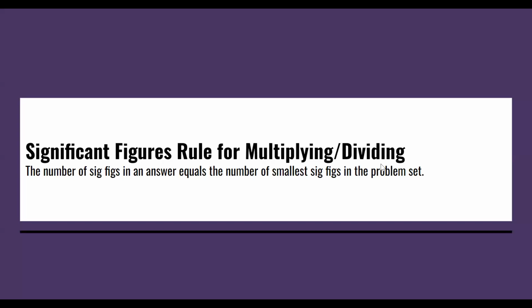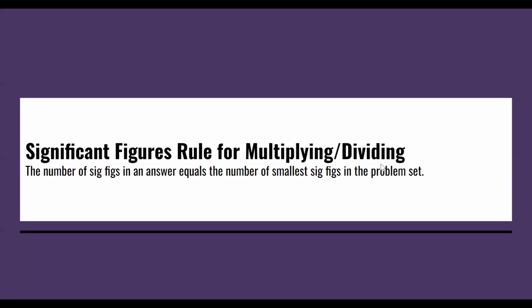Okay, now let's look at the significant figures rule for multiplying and dividing. The number of significant figures in an answer equals the smallest number of sig figs in the problem. So in multiplying and dividing, you are looking at the significant figures of each number.